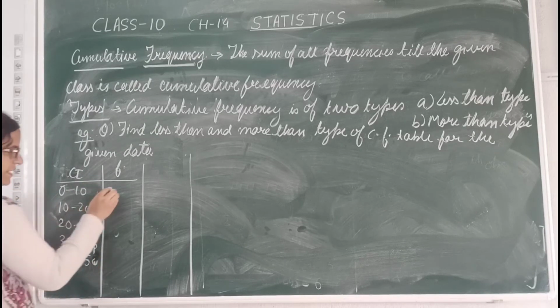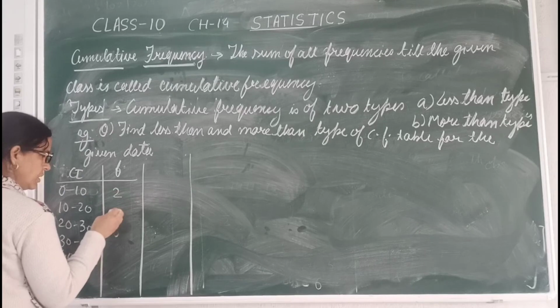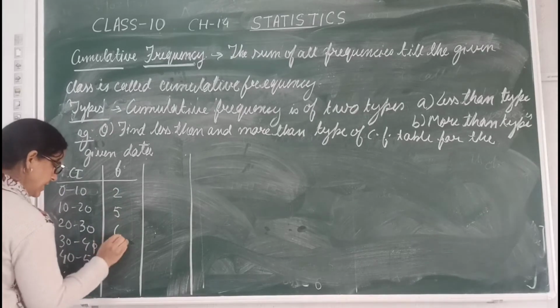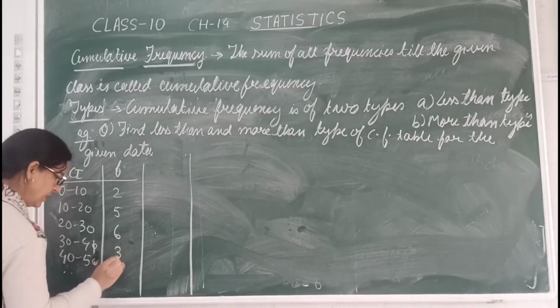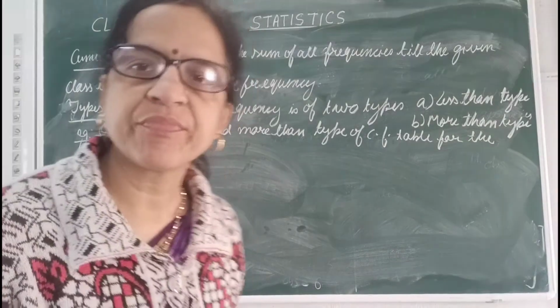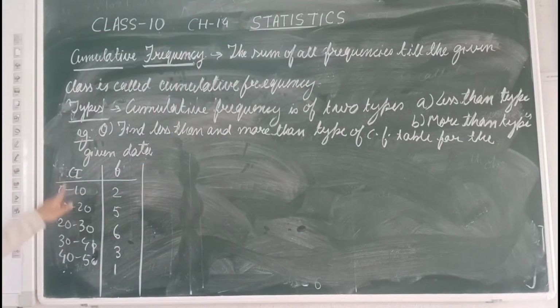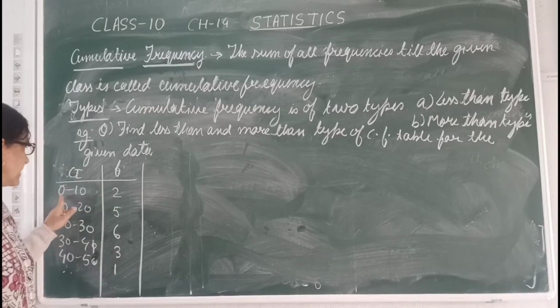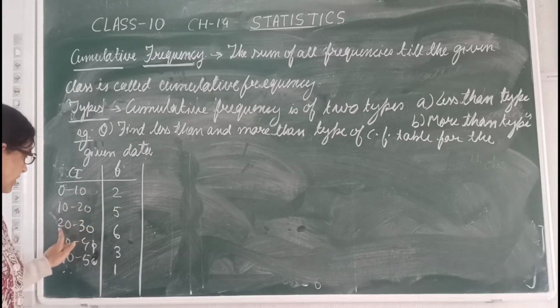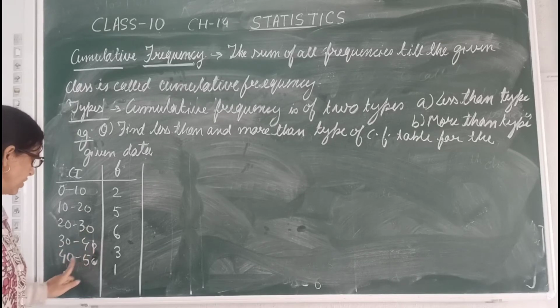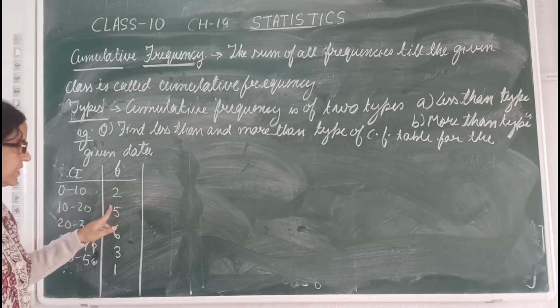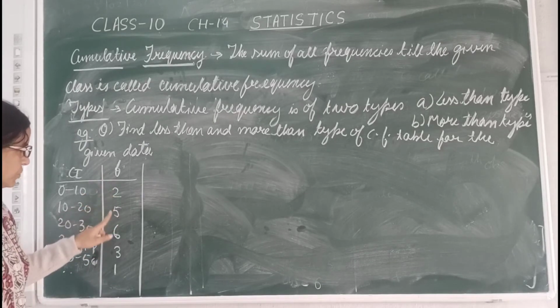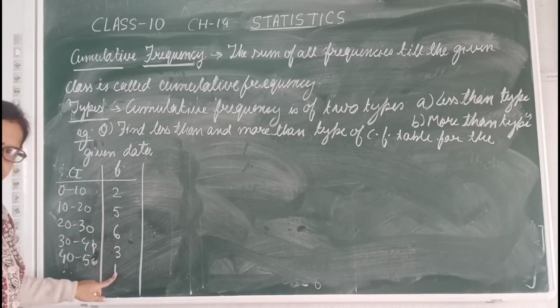Now frequencies, randomly I am writing 2, 5, 6, 3 and then 1. So I am reading it: class interval 0 to 10, 10 to 20, 20 to 30, 30 to 40, 40 to 50, and the respective frequencies given are 2, 5, 6, 3 and 1.